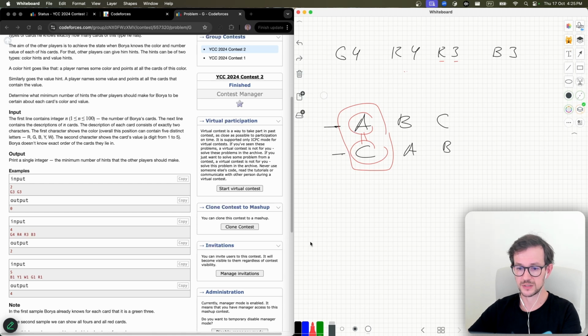if I mark, let's say, green cards and fours. So marking green cards marks only this, marking fours marks this and this. Then these two cards are indistinguishable. These cards are both not green and they are both not four.